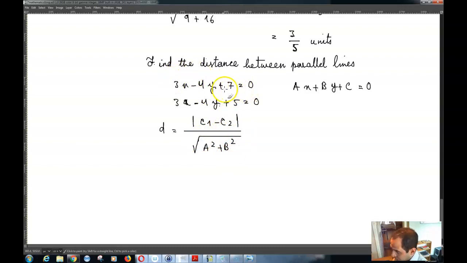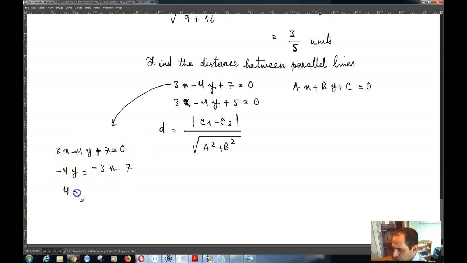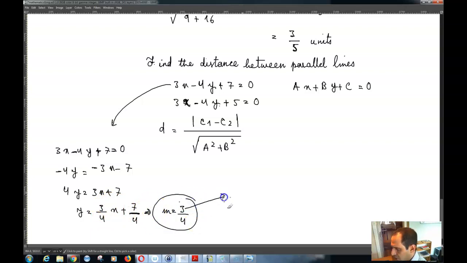Of course, you can, for example, rewrite this equation 3x minus 4y plus 7 is equal to 0 as negative 4y is equal to negative 3x minus 7, and then 4y is equal to 3x plus 7, and then divide by 4: y is equal to 3/4 x plus 7/4, and so over here your m would be equal to 3/4, and then you could use it in this formula.